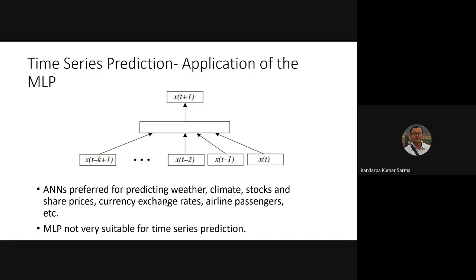The multi-layer perceptron can be used for the purpose, but it will not give you very reliable results. You can try, but it will not give very good results. For very good results in time series prediction, you need a feedback network. Though the multi-layer perceptron was used for time series prediction, later on people found that feedback networks are very good for it.